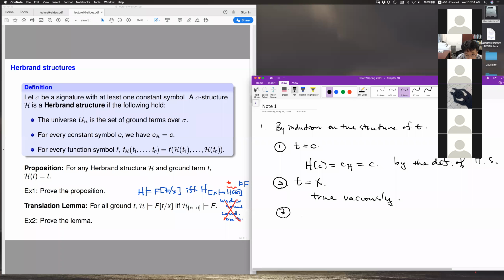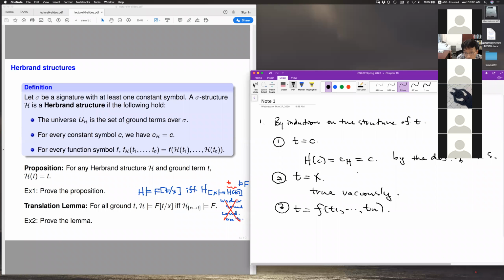The third case, if T is a function application f(T1, ..., Tn), then we also know that T1 up to Tn are ground terms. That's because T doesn't contain free variables, so T1 up to Tn shouldn't contain free variables either. And so we can use the induction hypothesis.